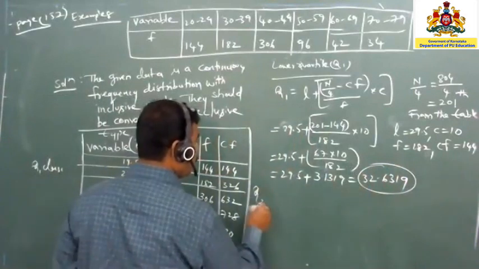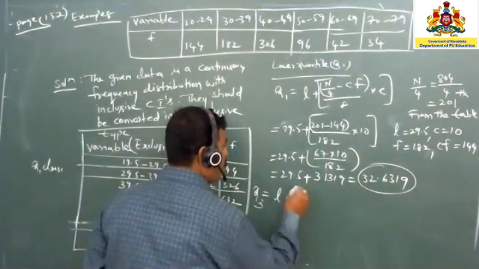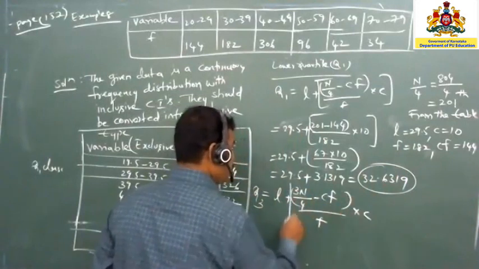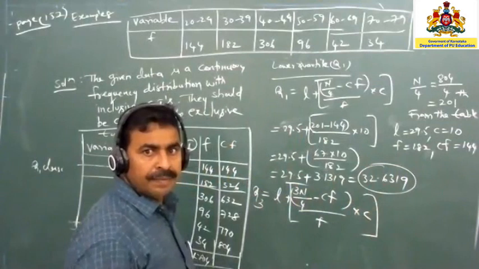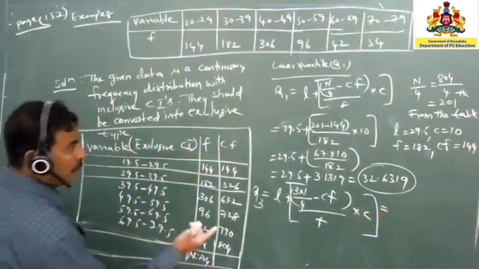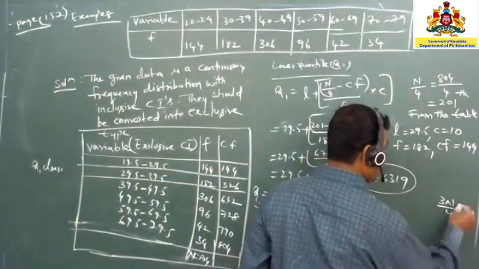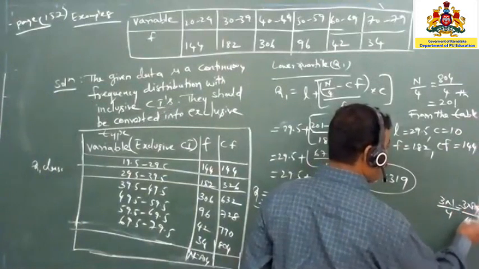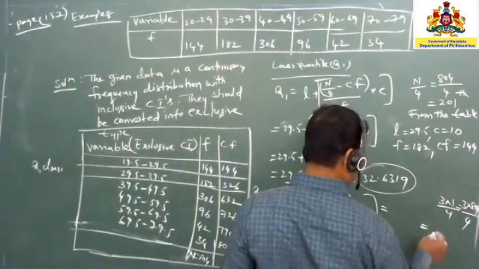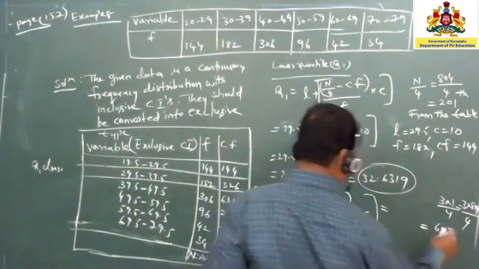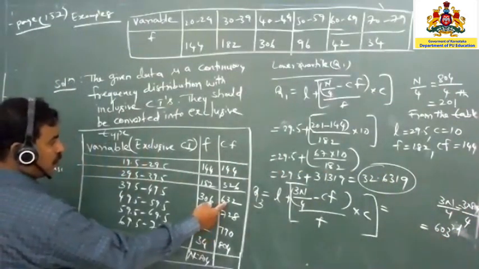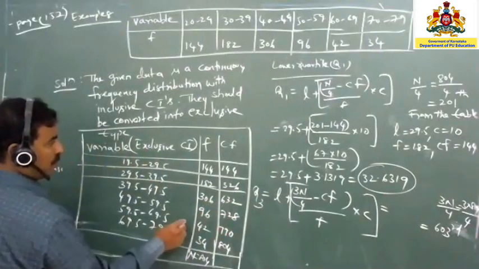Similarly, Q3 equals L plus (3N by 4 minus CF) by F into C. First find 3N by 4, which is 3 into 804 by 4, equals 603. The 603rd observation lies in the class with cumulative frequency 632.